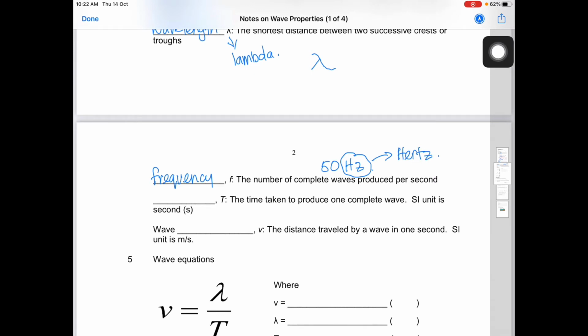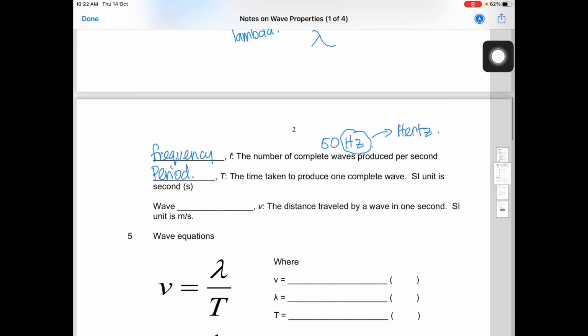Capital T stands for period. Period is the inverse of frequency. It's the time taken to produce one complete wave. The SI unit for period is second. What I mean by it being an inverse of frequency is that there's a formula which you will see later on down here: 1 over frequency gives me the period.